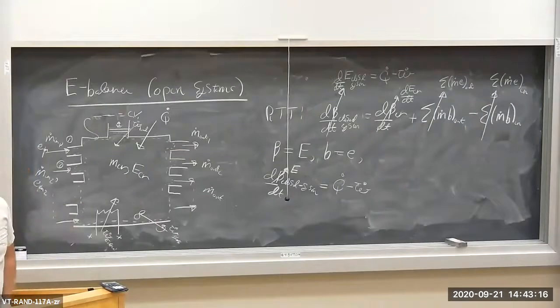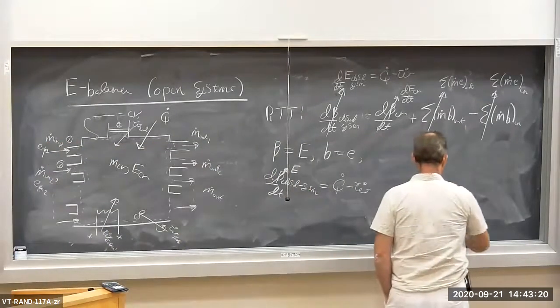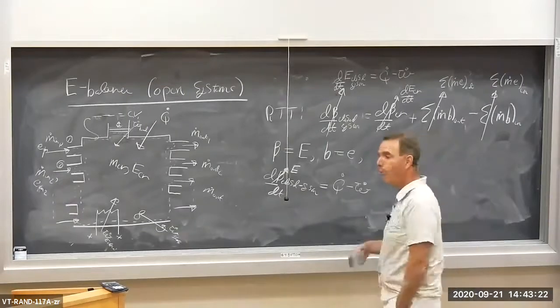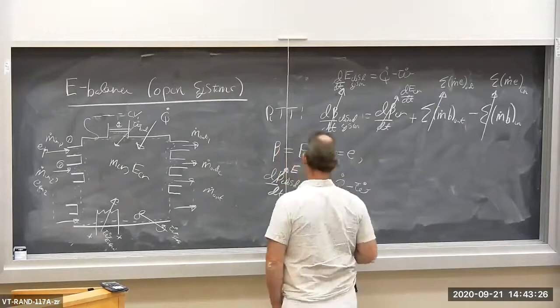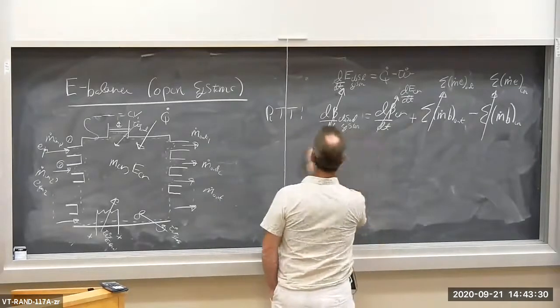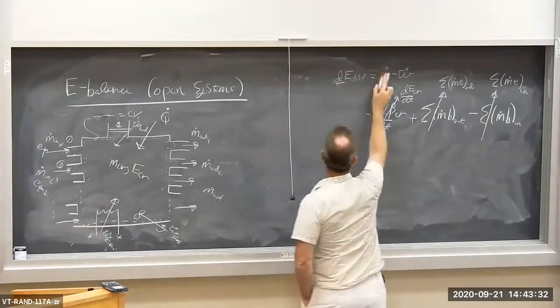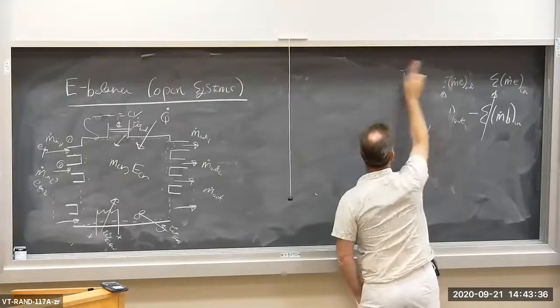So let's take a moment to investigate what pressure work, or if you like, pressure power, is. Power is energy per unit time. Let's investigate how we calculate it and how we can incorporate it into our energy balance.